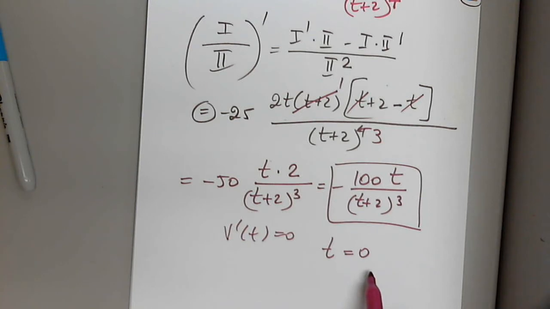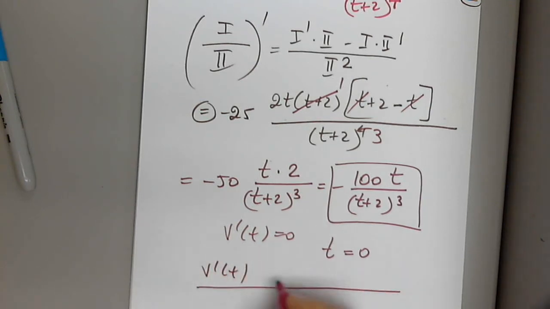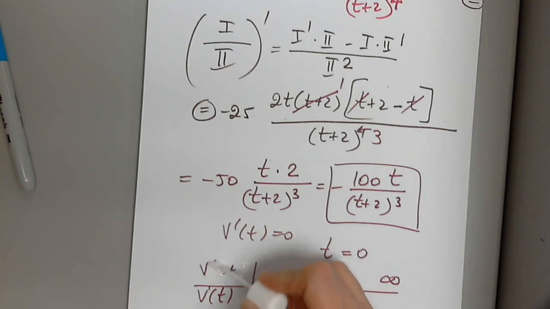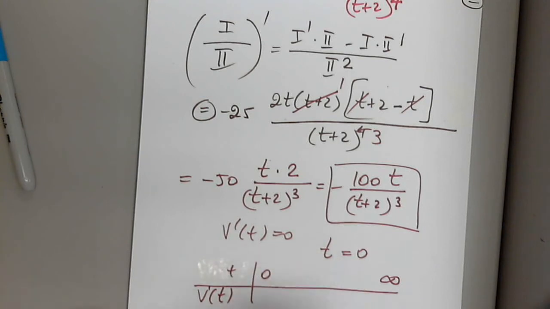So this is going to give us absolute maximum. We'll see. V prime of t, 0 to infinity. I didn't mean that. This is v prime of t. Okay, so good.